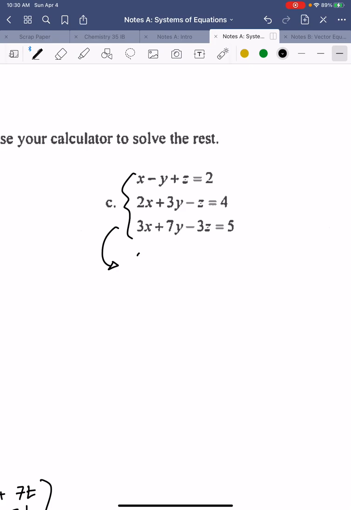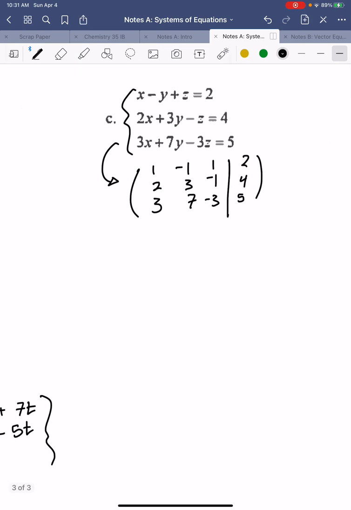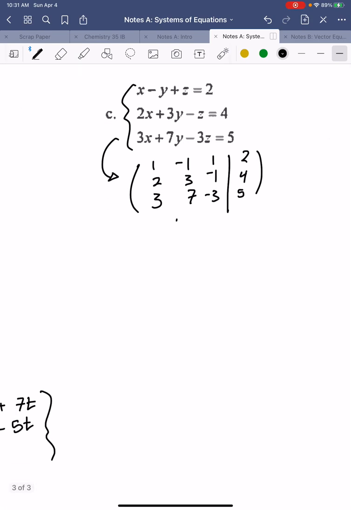From that, we're going to have, let's see, 1, 2, 3, -1, 3, 7, and then 1, -1, -3 equals 2, 4, 5. So how do we solve the system? To do this, we just do RREF again. I'll let you guys do that.